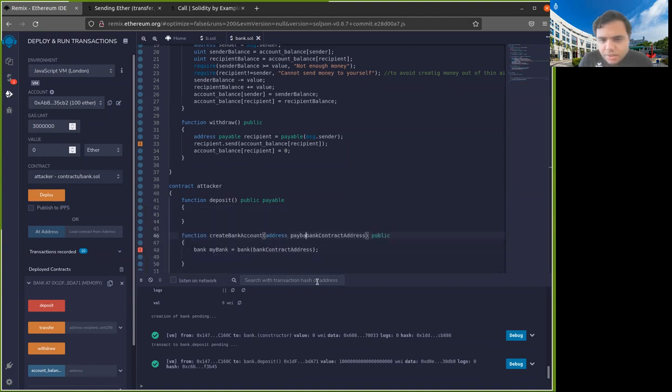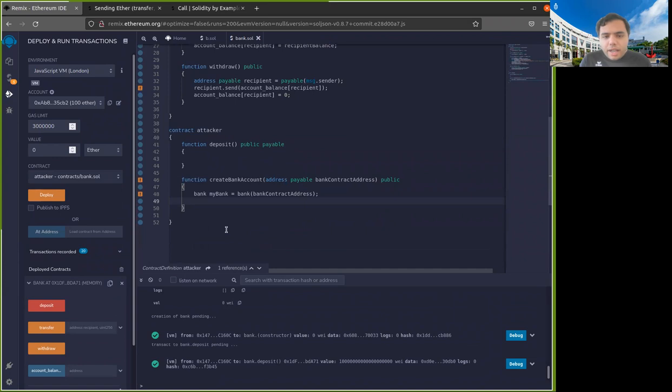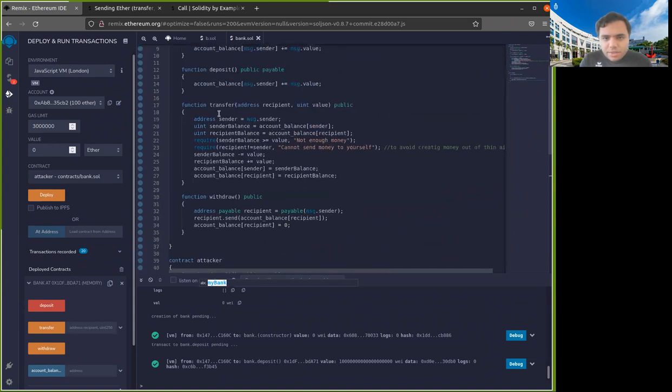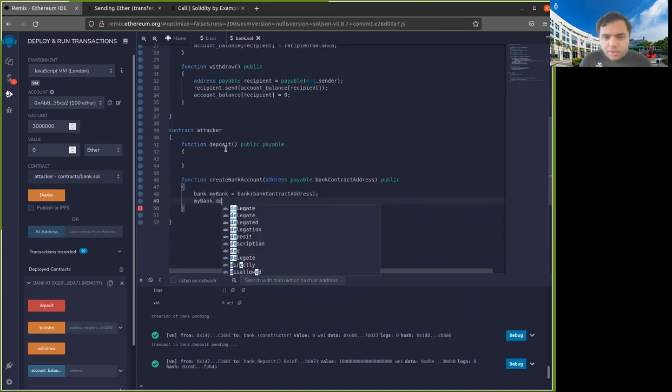Okay, this payable, just to avoid that error. Now what I do is that I just call my bank dot deposit. So I deposit something in my bank. And how much do I want to deposit?